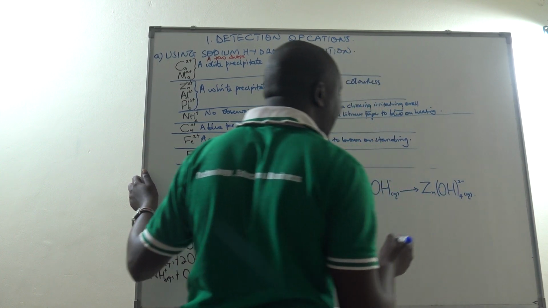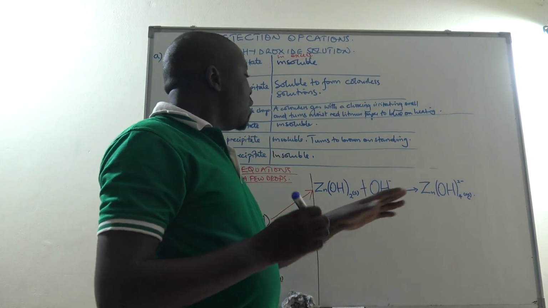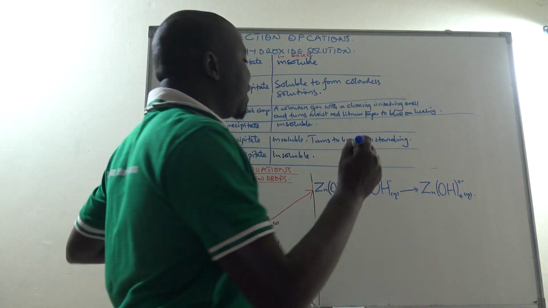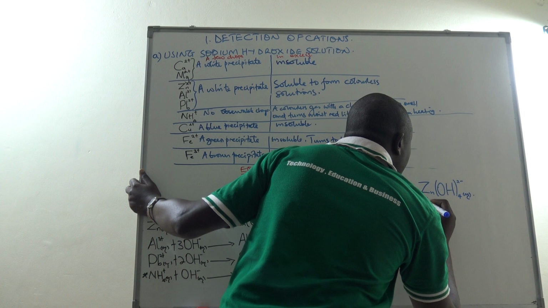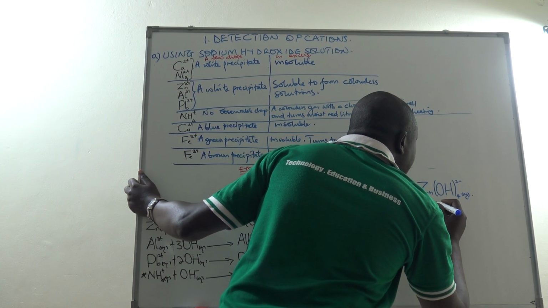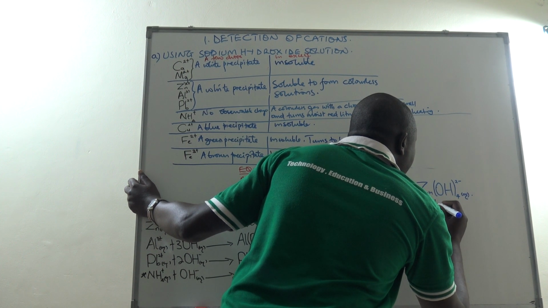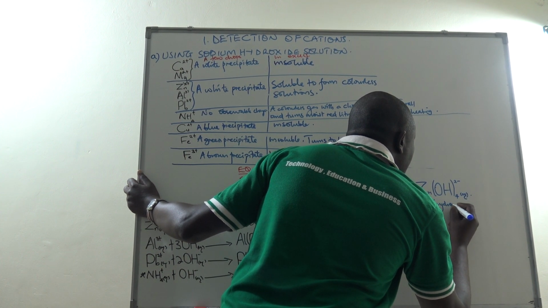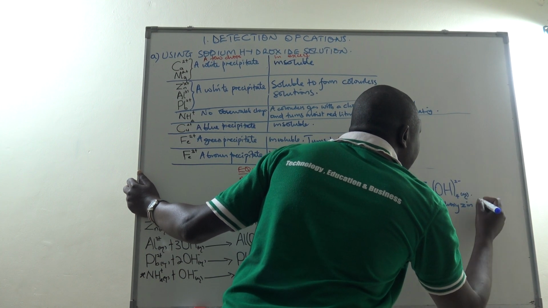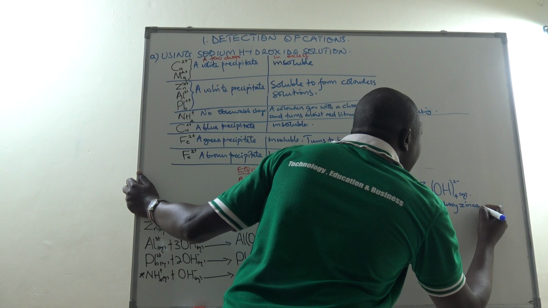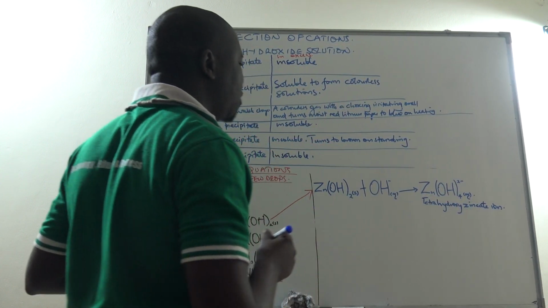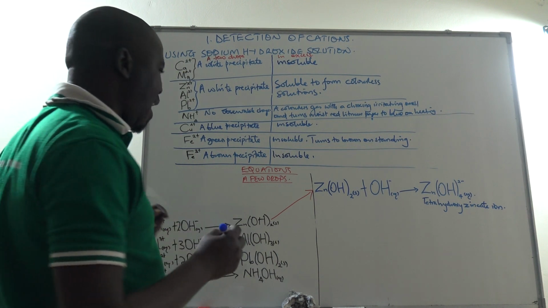So this is what we get. It is a soluble complex ion and it is called tetrahydroxozincate ion, with 4 hydroxyl groups. It is a negative ion, so it is not zinc ion but zincate ion, a negative complex ion of zinc. So tetrahydroxozincate ion.